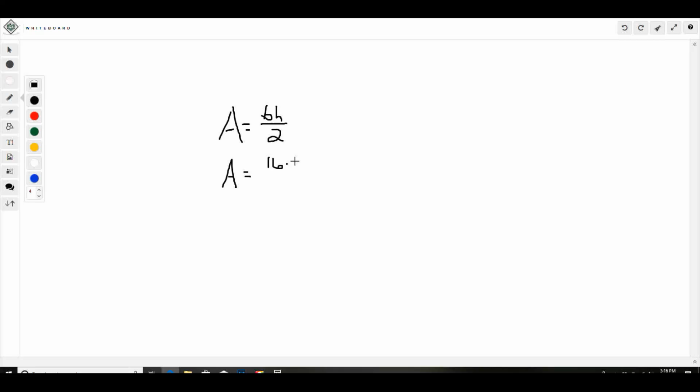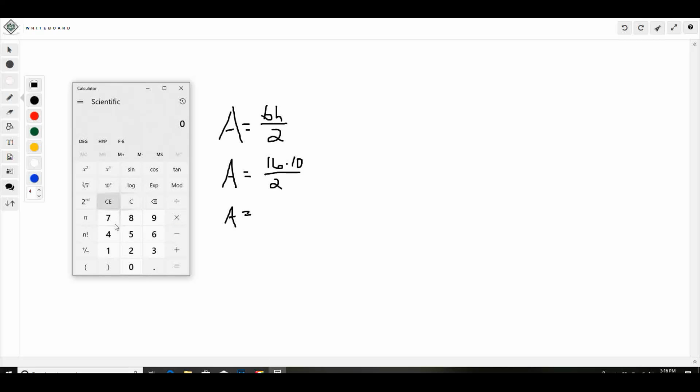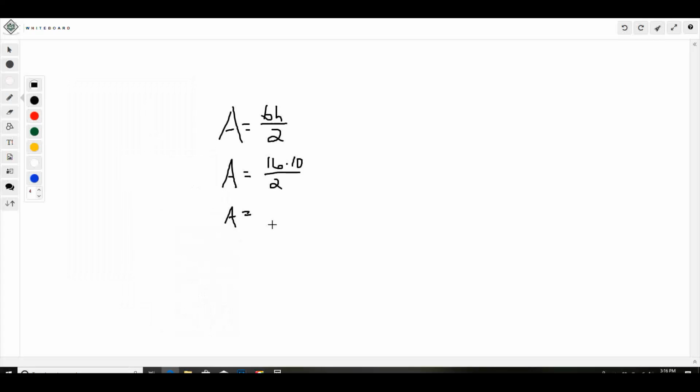What's the height? 10. Divide that by 2. Area equals, let's bring our calculator up. So 16 times 10 divided by 2 gives us 80. But we also have to label it. It's square inches. That would be your answer on the second one.